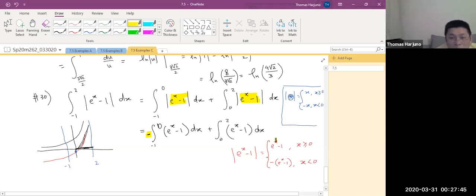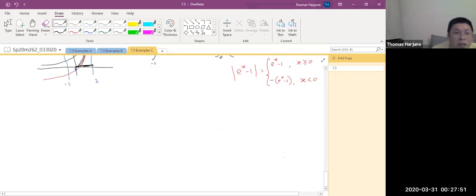We can modify this question to a bit simpler question so that you can see what I was actually trying to do there. Imagine if instead I want to integrate from negative 2 to 4 of absolute x minus 1 dx.